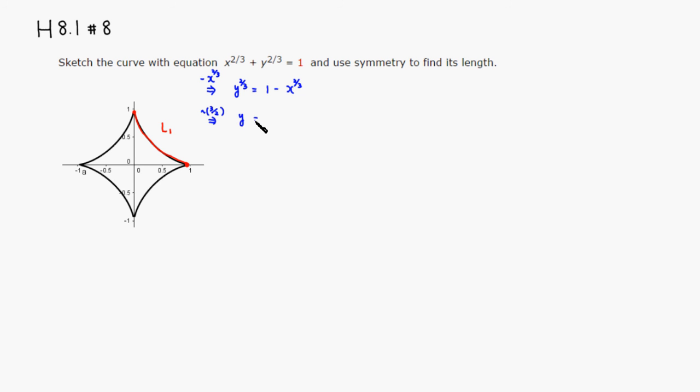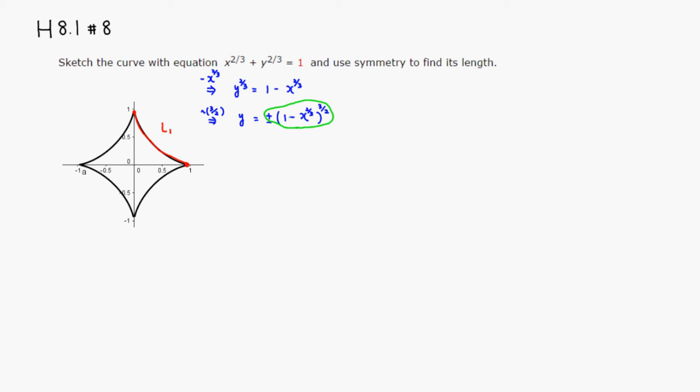Since there's a square root involved, we have to talk about the plus or minus. So y is plus or minus 1 minus x to the 2/3 power, raised to the 3/2 power. The plus version is the top one, and the minus version is the bottom one. I'm going to use the top one for that piece.